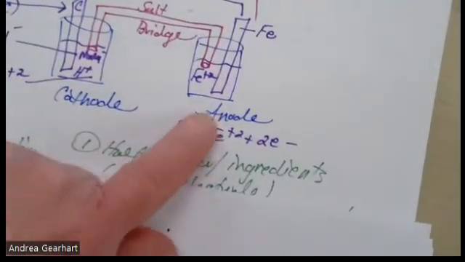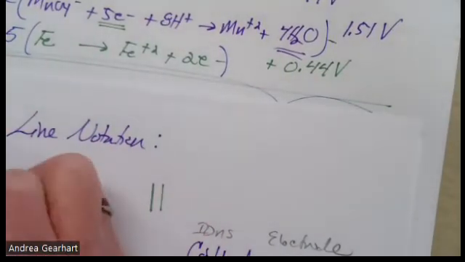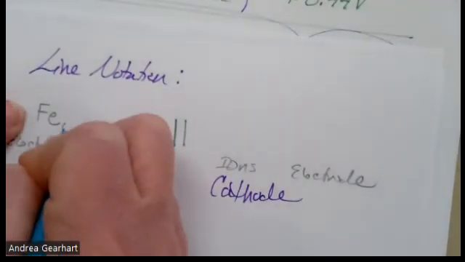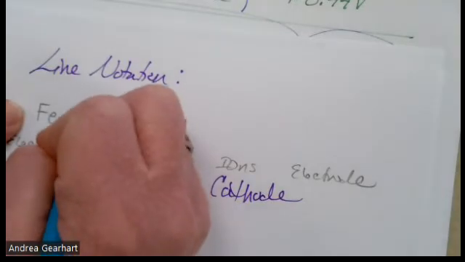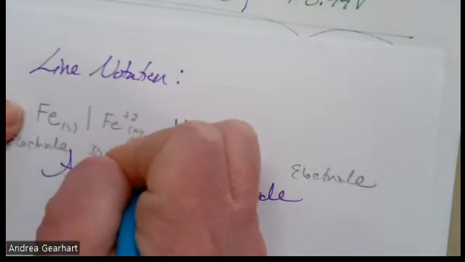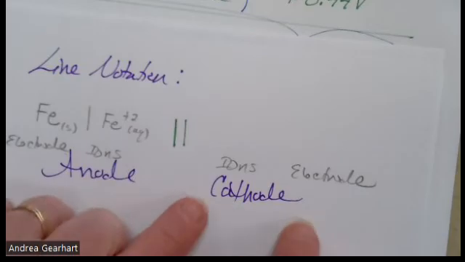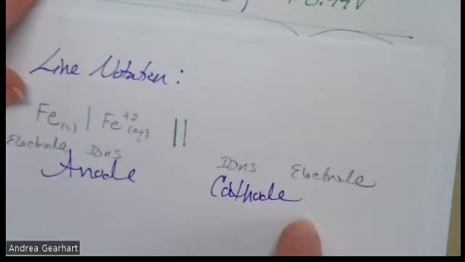So going back to this example, the anode is the oxidation. We start with the electrode, iron, and then we have the iron +2 ion. That's it. But in that same example, the reduction, it doesn't matter what you want to start with.